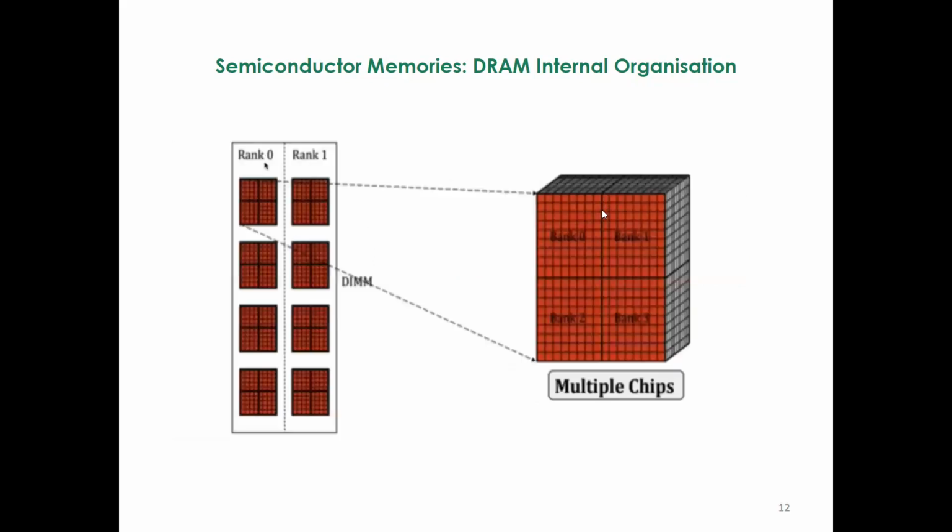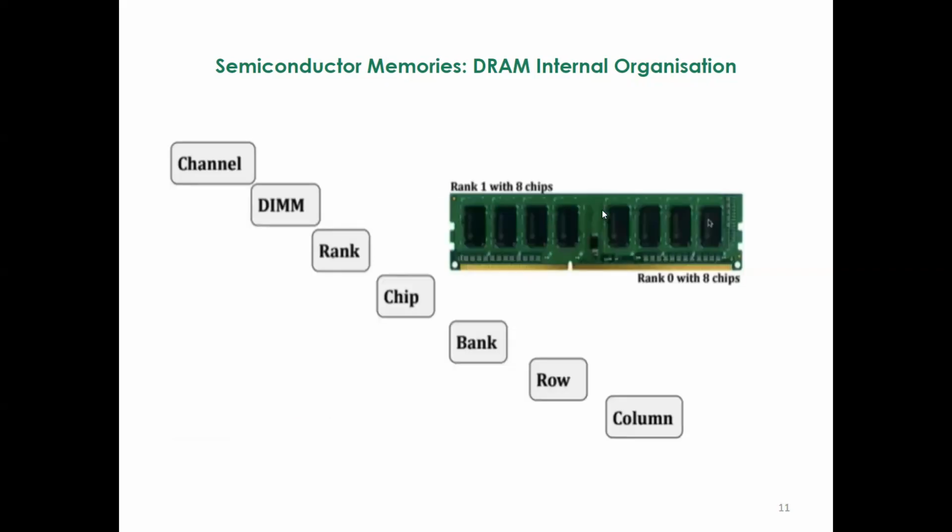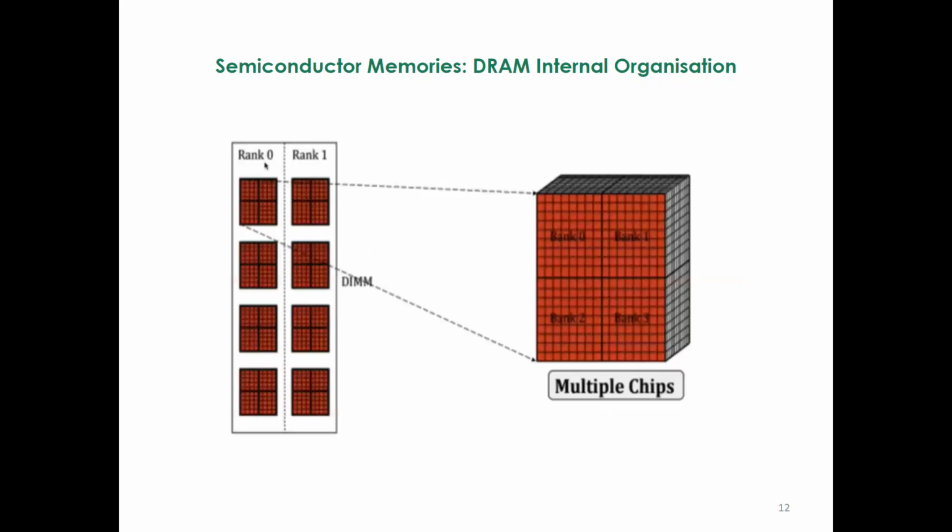All right. So that was an overview of the architecture in terms of how it looks internally, how the banks form a chip, and a chip forms the rank, and then the rank forms multiple DIMMs, which can be accessed through multiple channels. So this is the same thing with a bit more finer detail.